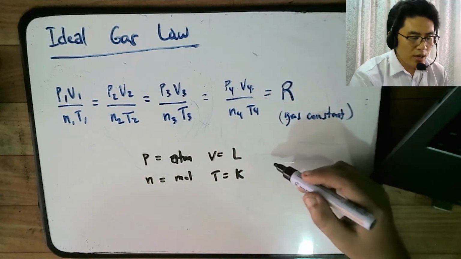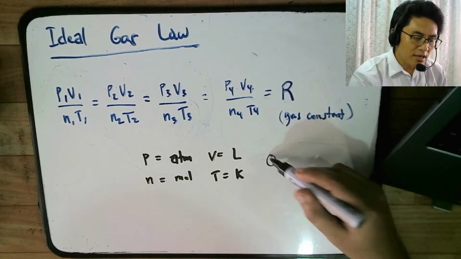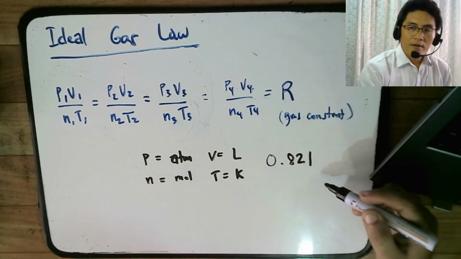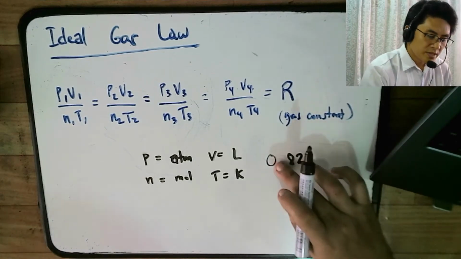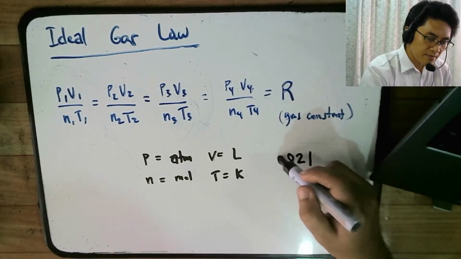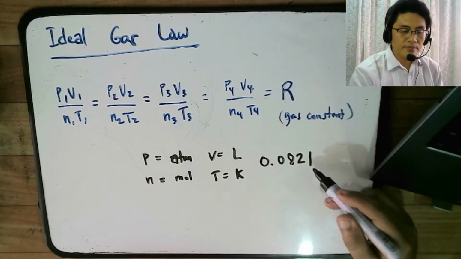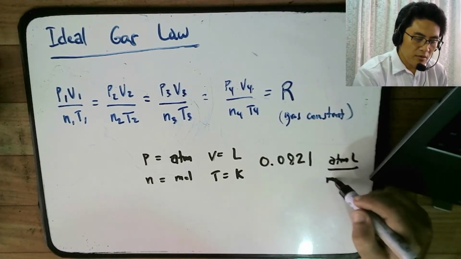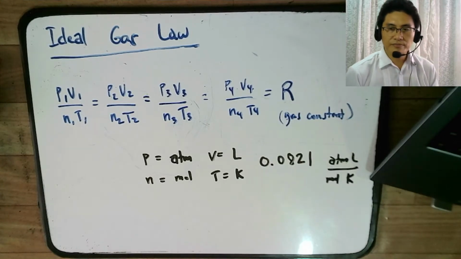And in fact, when scientists studied this, they found out that the value is 0.0821 ATM liter per mole Kelvin.